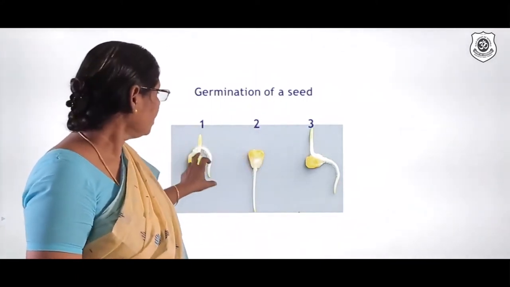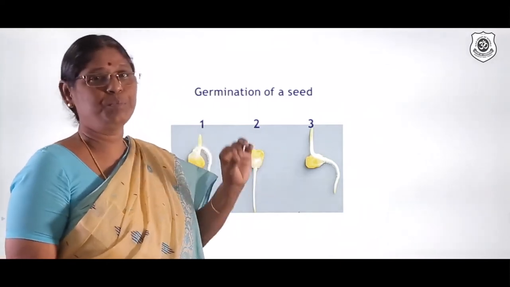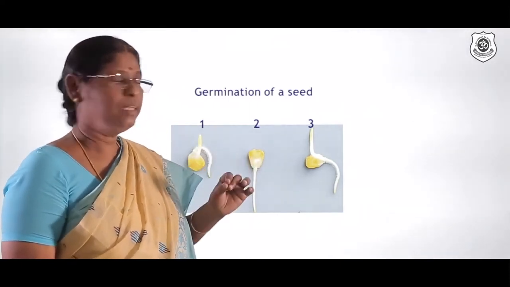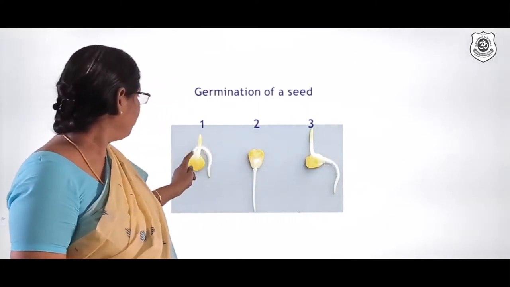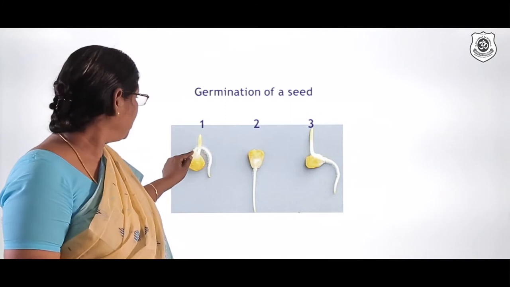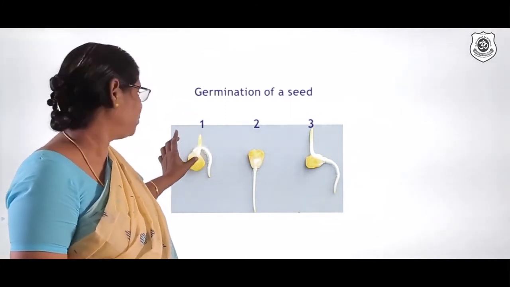When it starts to grow, you have to take out the seeds. Again you have to keep them in these 3 positions, one having the plumule and radicle facing upwards.